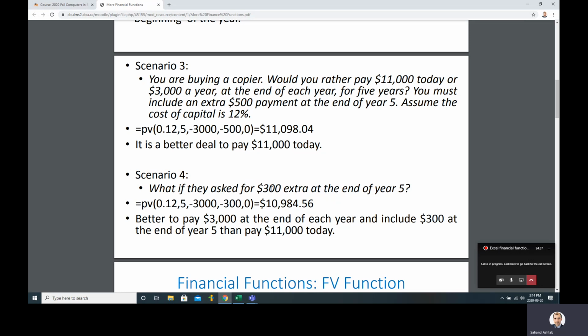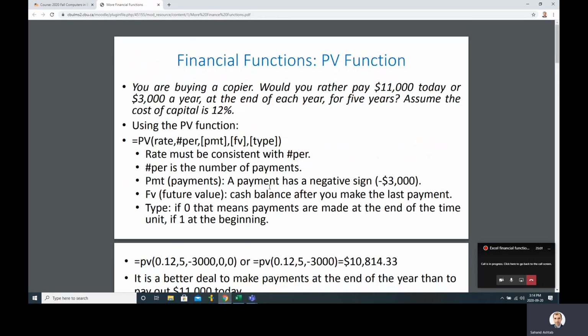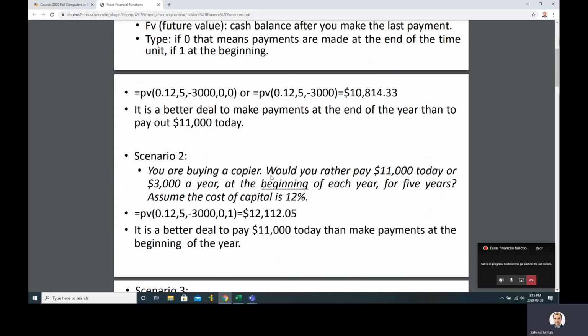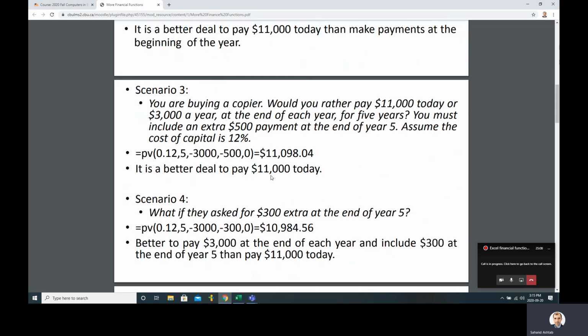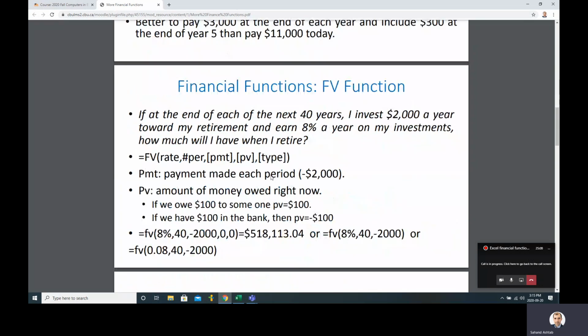So these 4 scenarios were basically to use the PV function to work with different rate, number of period, payments, future value, and type. The next function is the FV function, which is future value. One of the good examples for future value is pension or retirement planning. Every year you put some money aside, or you invest with the bank with some programs or plans.